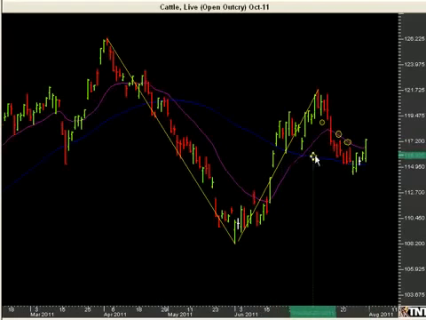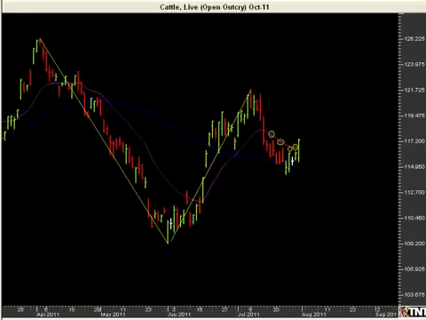A few days later still we had push number 3, and you can see how quickly these came. And then lastly we had push number 4. Push number 4 was our signal that this is probably going to be the best opportunity to take the market long, and we in fact did buy above the high of this bar. And you can see that the market, so far anyways, has given us a pretty nice breakout to the upside.